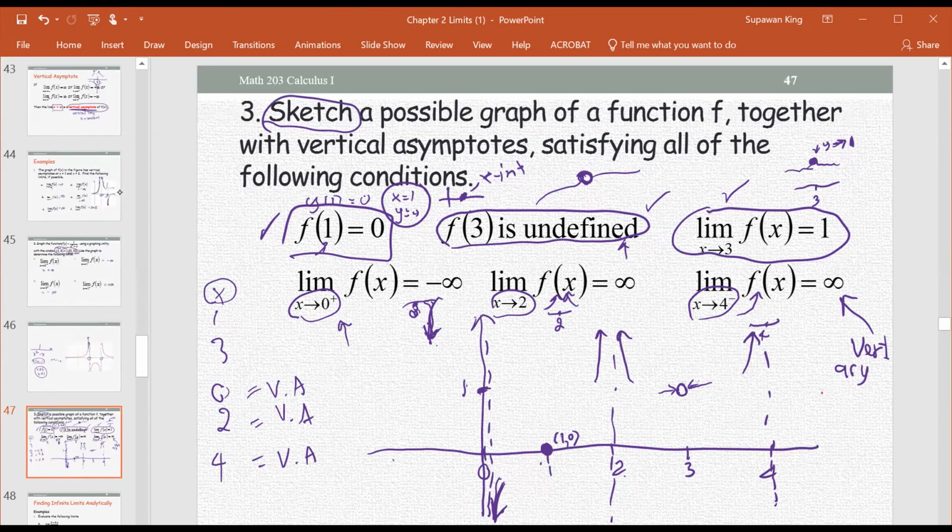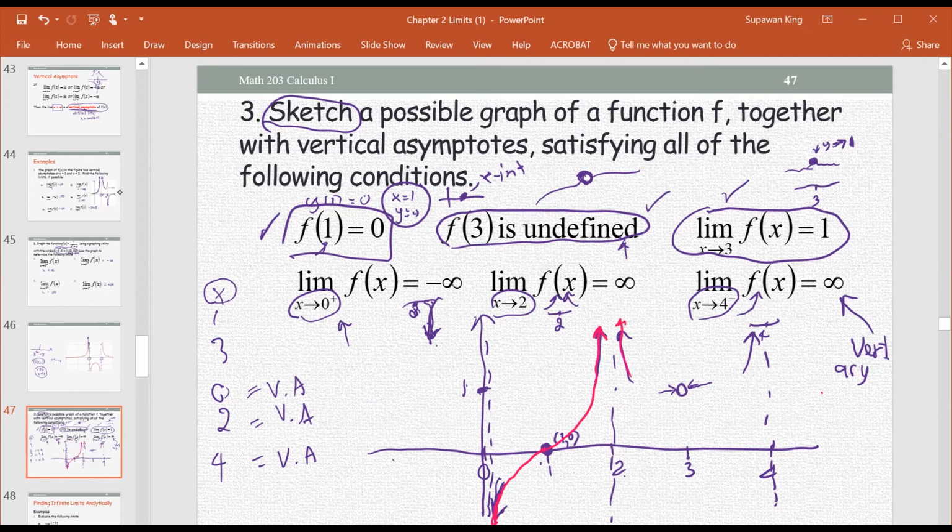Okay. So now we're going to connect the curve all together. From the right side of 0, since it is approaching negative infinity, if you keep going, it's going to pass the x-intercept, and then keep going, approaching positive infinity. And then over to the right side of 2, approaching positive infinity.